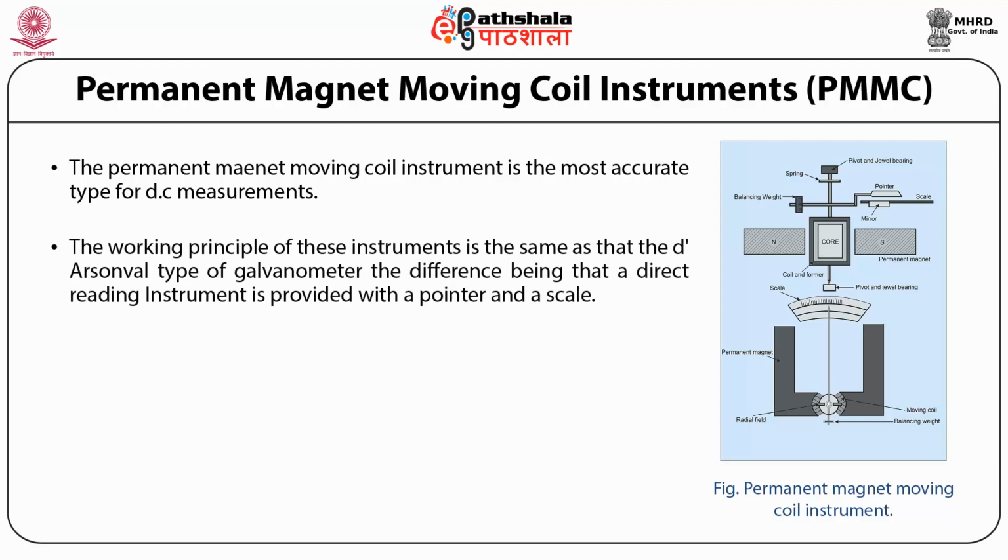The working principle of these instruments is the same as the D'Arsonval type of galvanometer. The difference being that a direct reading instrument is provided with a pointer and a scale.